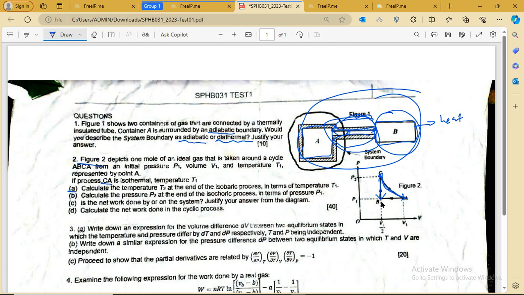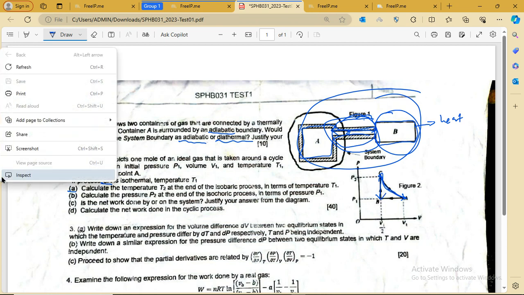And to do that, first of all, we know that the answer is that the work is done by the system. Let me see if the answer is clearly written. Located here.